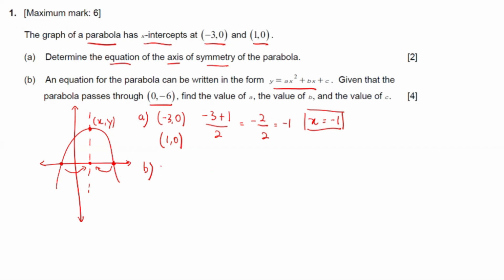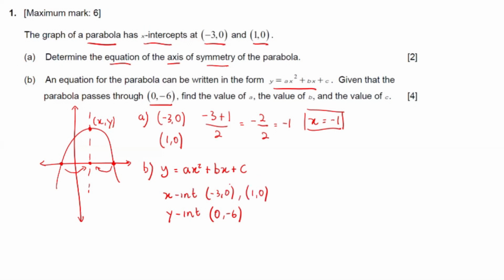Now, we want to have y equals ax squared plus bx plus c. We already know some things. We know the x-intercepts, and we also know the y-intercept. Which one is the y-intercept? It's the (0, -6), and the x-intercepts are (-3, 0) and (1, 0).